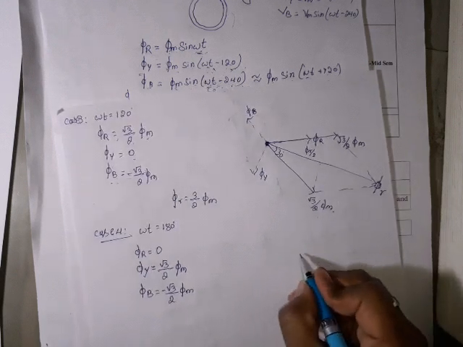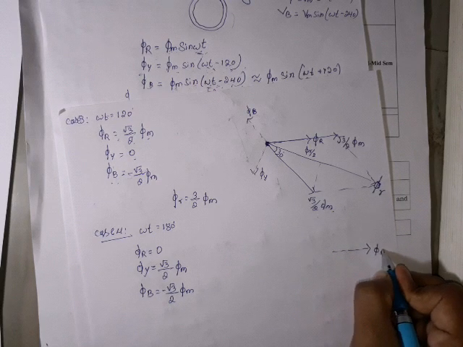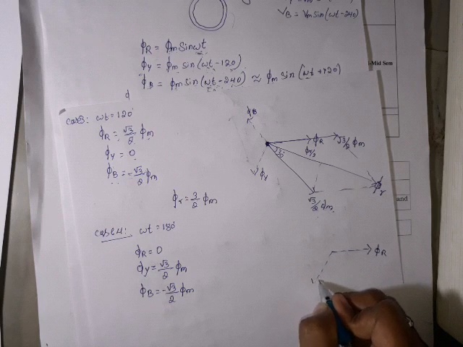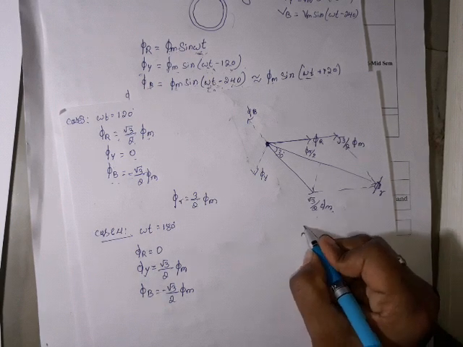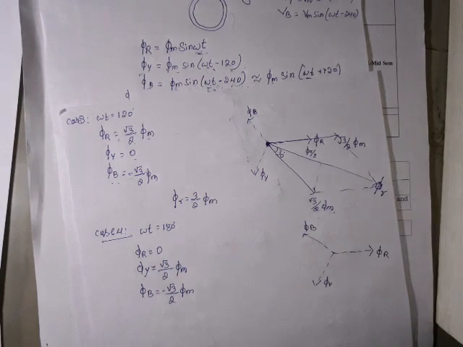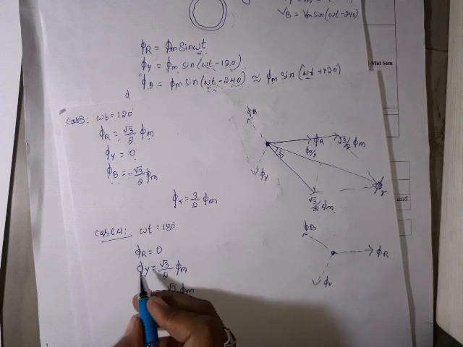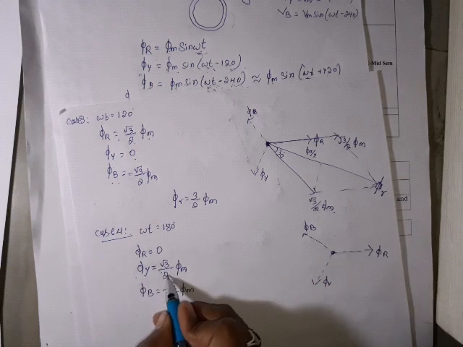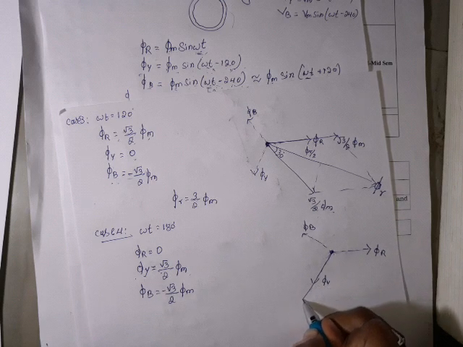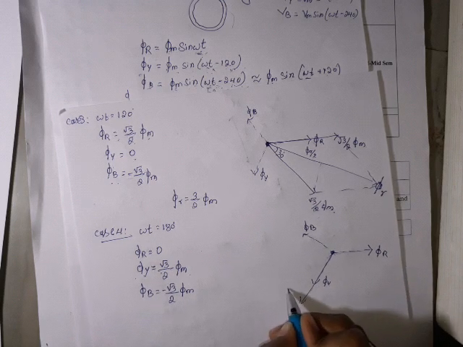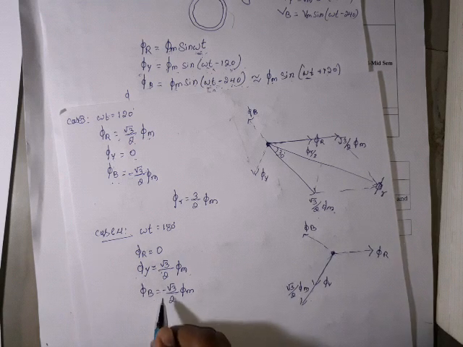Now the vector diagram will be phi r, phi y, phi b. What is the value of phi r? 0. What is the value of phi y? Root 3 by 2 times phi m. So this is phi m, and root 3 by 2 times means this one. What is the value of phi b?